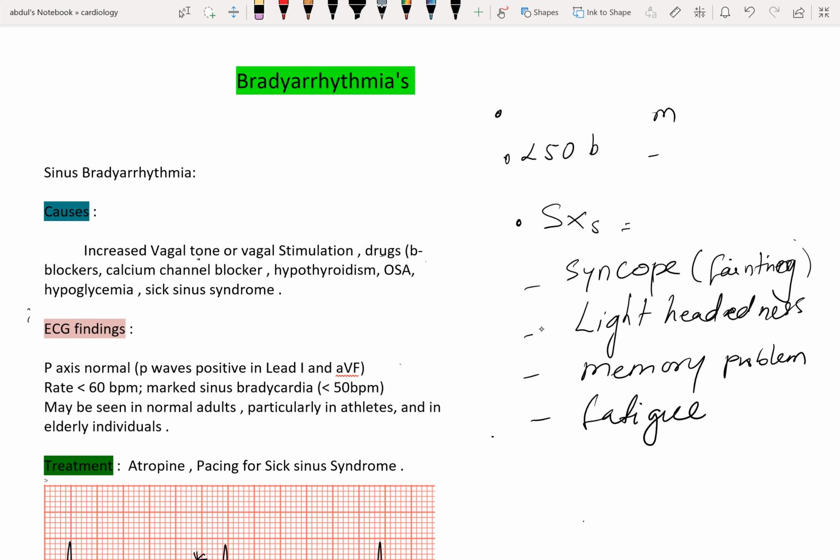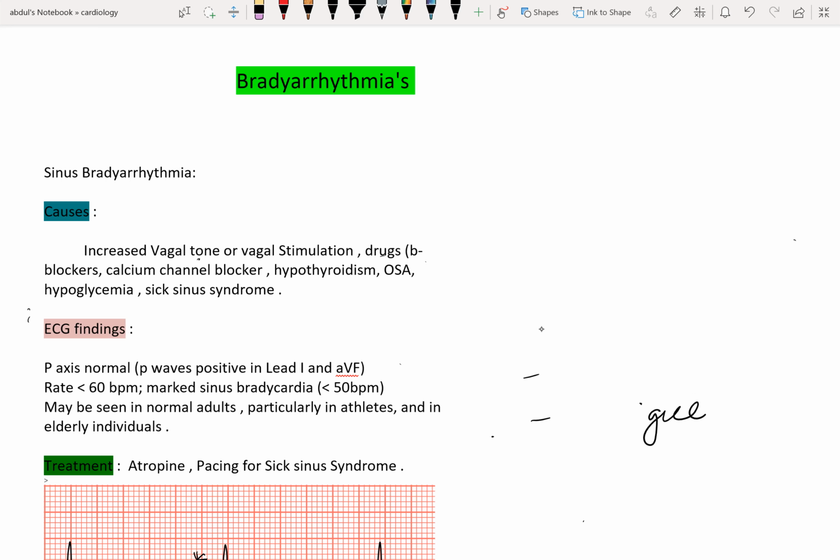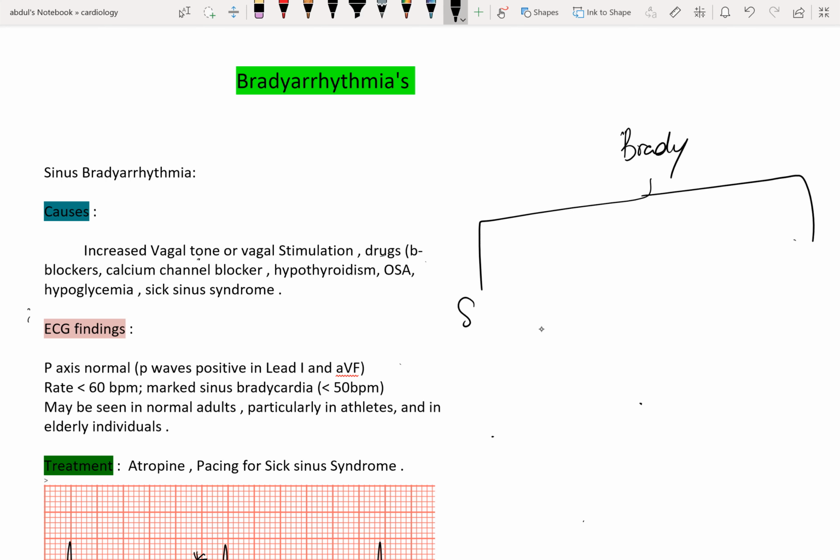Let's just erase all that and try to describe the bradyarrhythmia, putting an algorithm type of thing on how we're going to tackle this lecture today. We're going to talk about sinus bradycardia, then we're going to talk about AV nodal blocks.